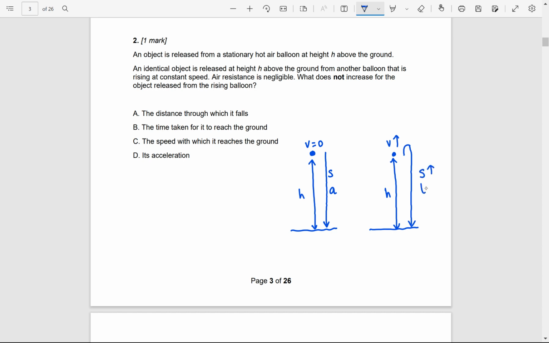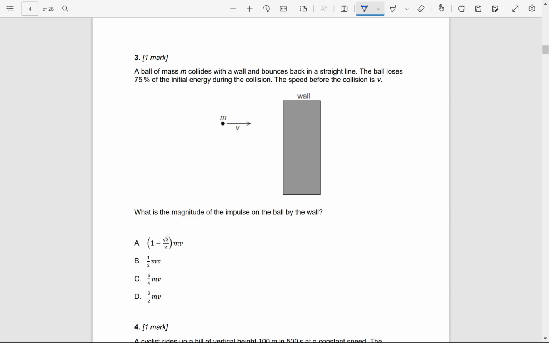So s has increased, therefore the time it takes to hit the ground has increased because it's traveled further. When v reaches 0 here, it's higher up, so it's going to accelerate for longer than that situation. So the final velocity has increased. The only thing that doesn't change is the acceleration due to gravity. So acceleration is constant, so it's D.